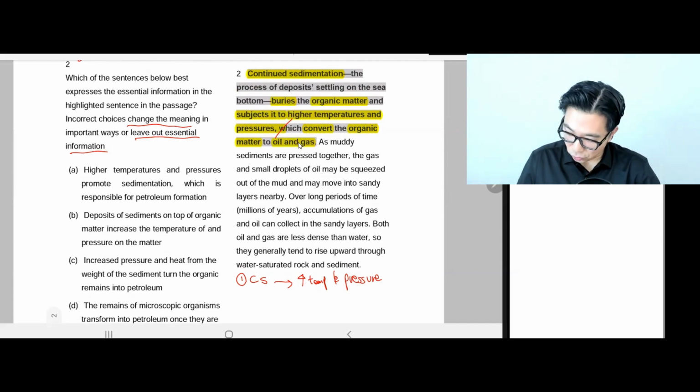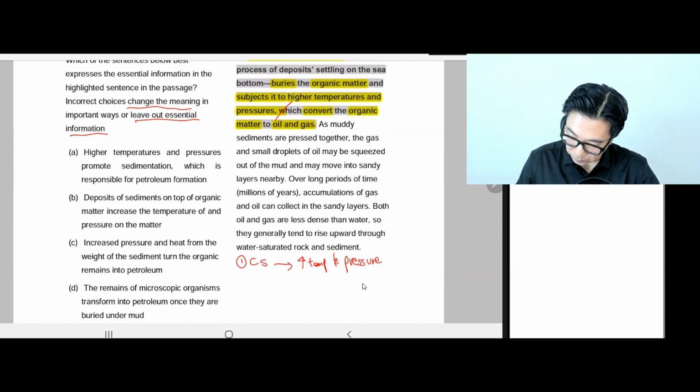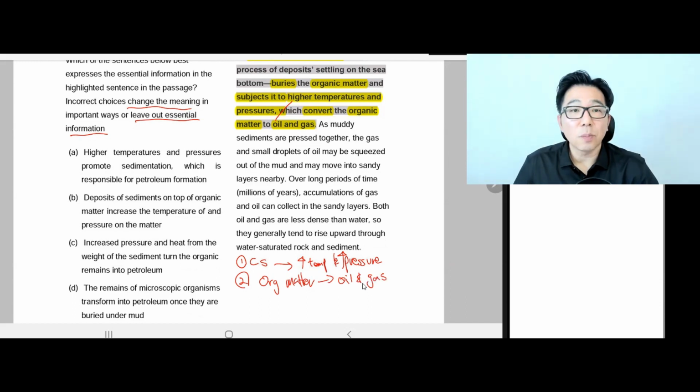So due to this continued sedimentation that increased the temperature and pressure of the sediment as it gets built up, this process makes the organic matter into petroleum. So these are the two parts.